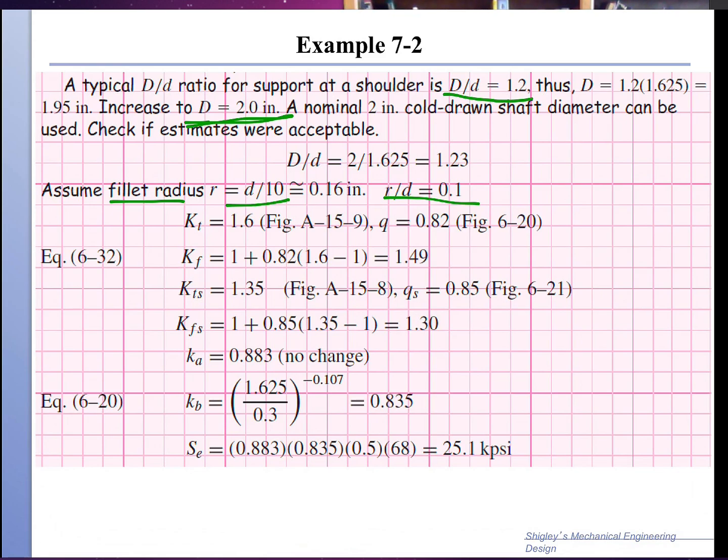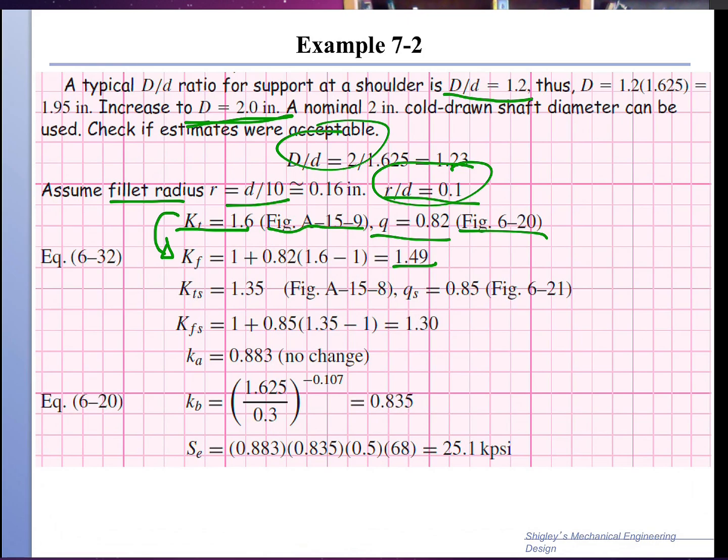And that can give us more exact stress concentration factors, because we have R over D equals 10% and D over d is known already, 1.23. So from figure A15.9, we find that the static stress concentration factor is 1.6, and then also from figure 6.20, we find the notch sensitivity factor to be 0.82, and we continue on to convert the static to a fatigue via the notch factor.